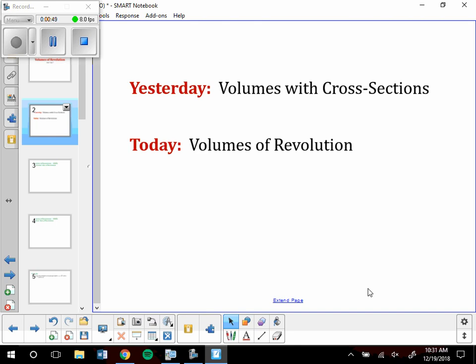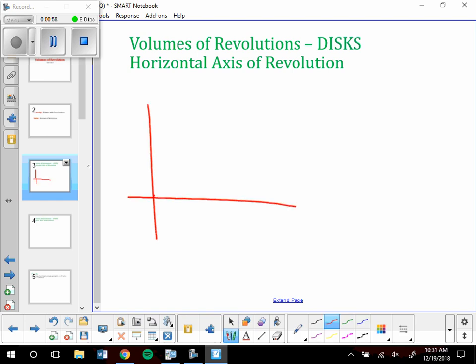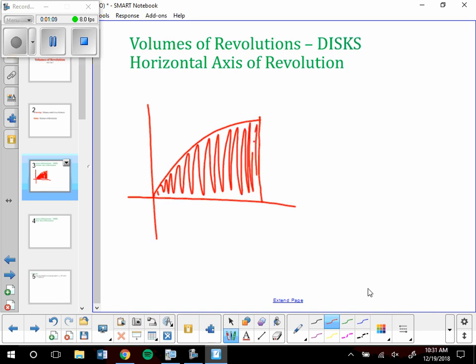Today we're going to talk about volumes of revolution. So I want to start with the same shape that we started with yesterday. Let's say that we have this area.